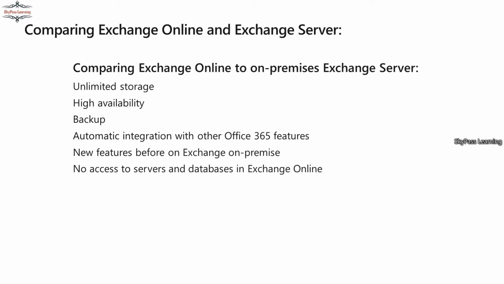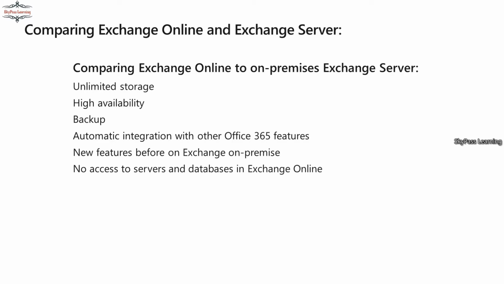On-premises, you have to install or deploy new versions to get the updated features. But in Exchange Online, you will get a feature at the time of release. Once Microsoft releases that feature, Microsoft pushes the patches from the backend on the server side, and you get the latest functionalities.